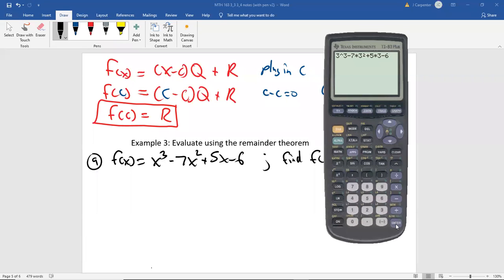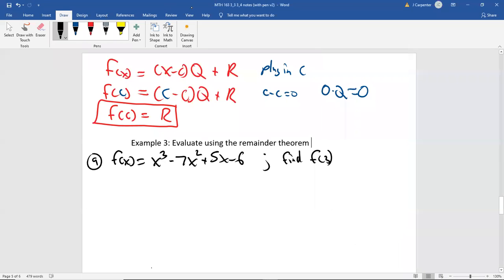Let me check my work. 3 cubed minus 7 times 3 squared plus 5 times 3 minus 6, and we get negative 27. So I'm telling you, classically, you could have figured out that this answer should be negative 27. But this does not give you a quotient, which again, moving forward, would be necessary. All right, so we know that f of 3 is negative 27.